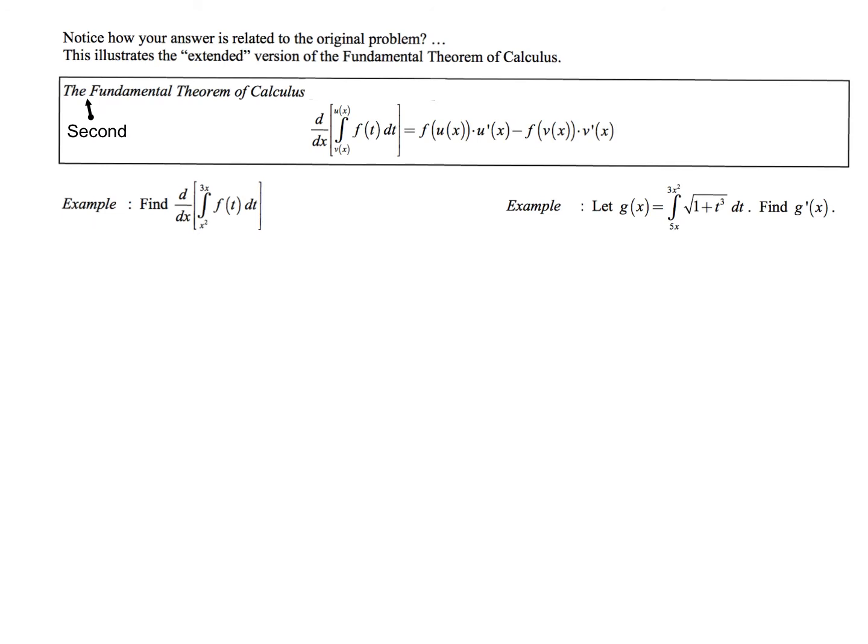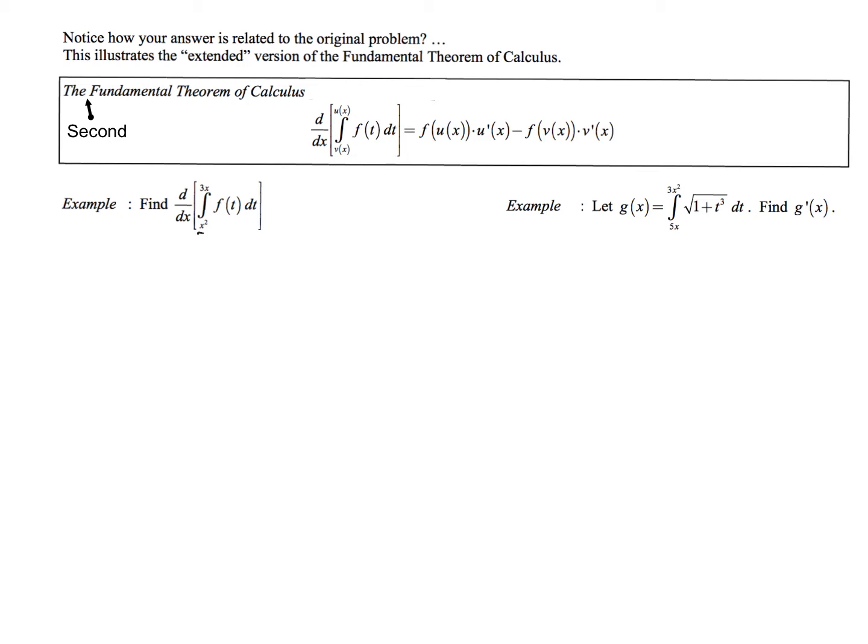So this is the extended version of it. In this one, I have the integral from x squared to 3x of f of t. So if I'm deriving this, I can just substitute in the top one and then minus substituting in the bottom one. All right? I don't have a constant here.